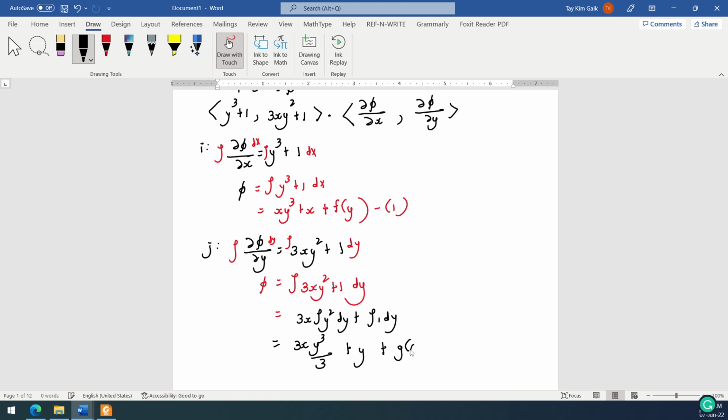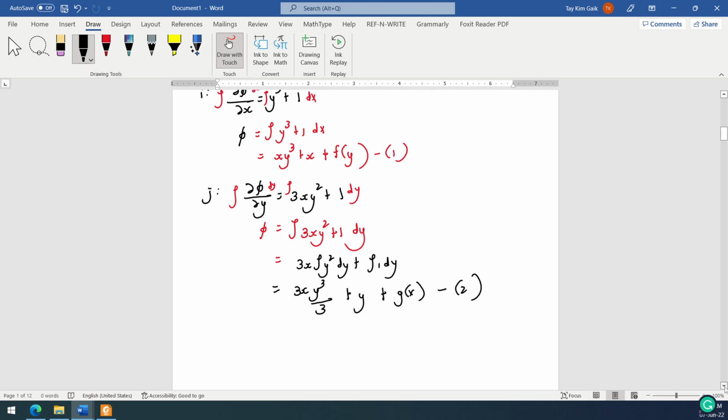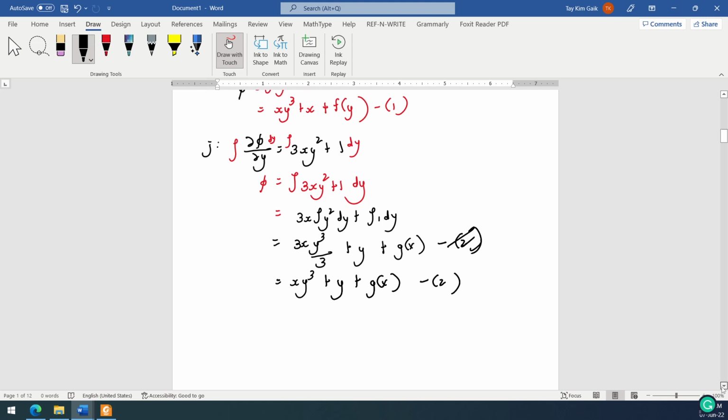Since x is constant, let's say I put g of x. So this is equation 2. Simplify equation 2: you get xy cubed plus y plus g of x. Now you can combine equations 1 and 2. Phi is a function of x and y.